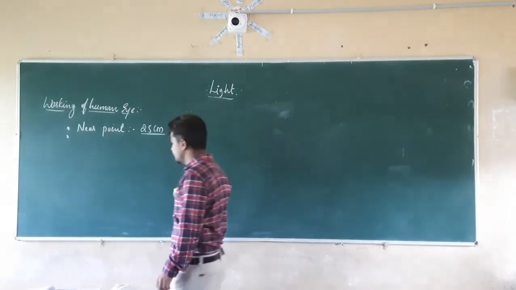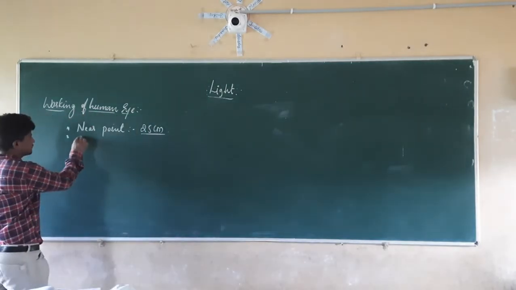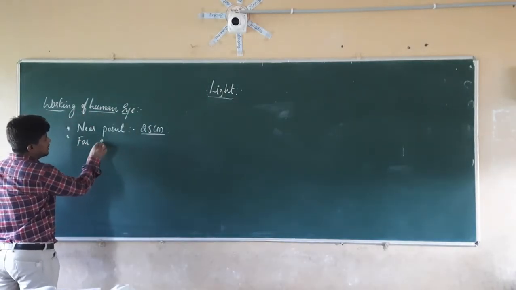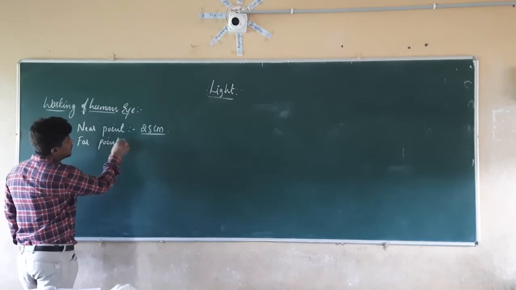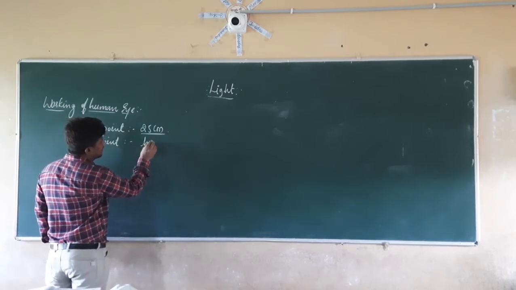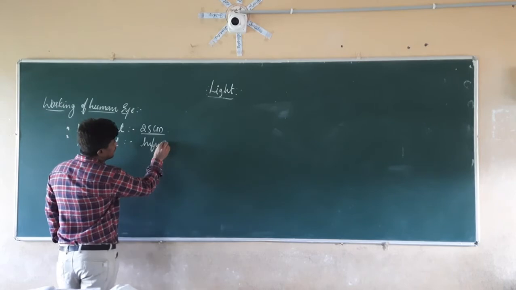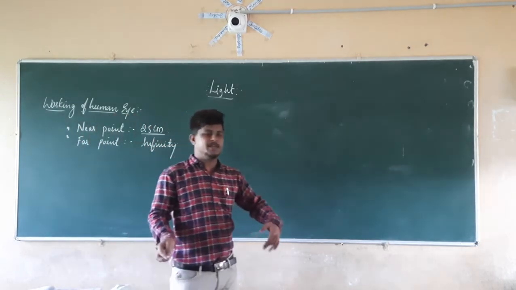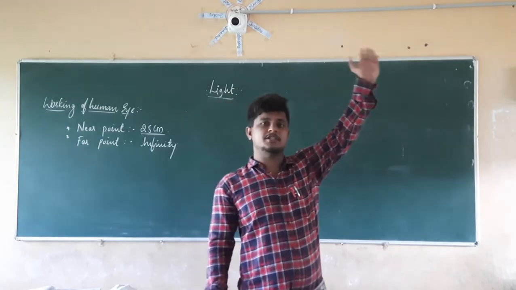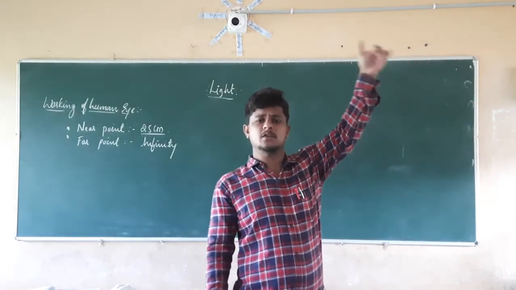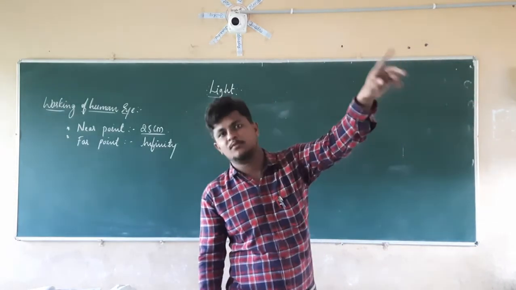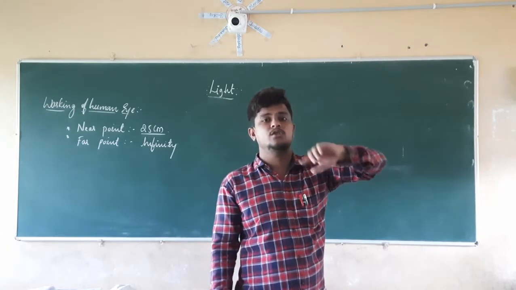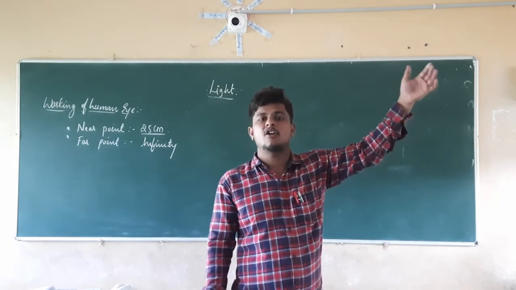In the same manner, if you take the far point here, the far point is infinity. If we keep an object anywhere at a distance, which we don't know, infinity, it is possible that our eye is going to form an image of that object.